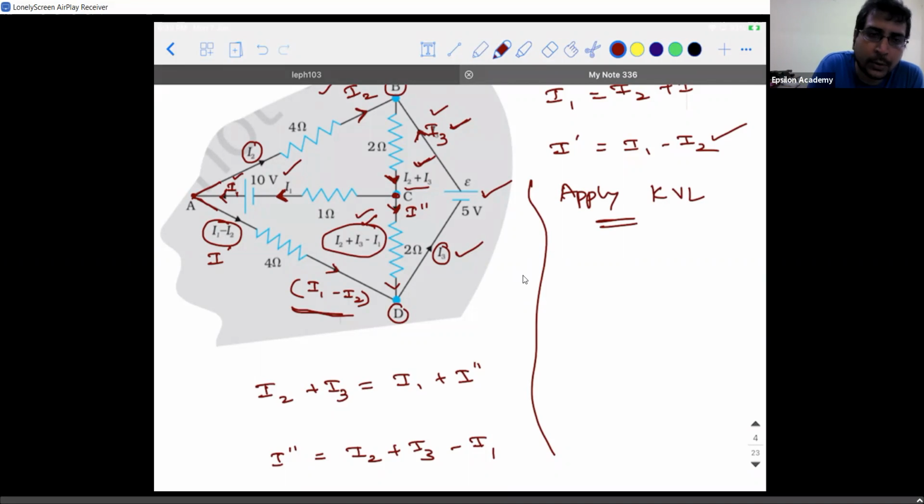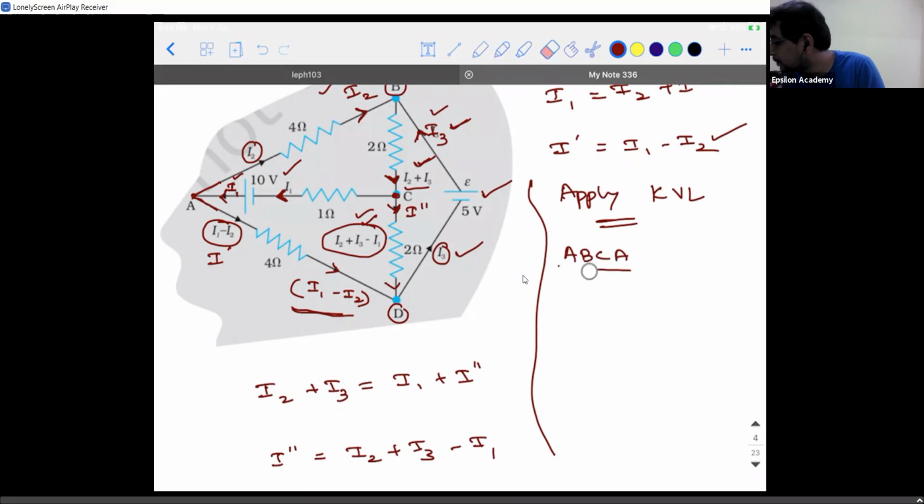So for us to apply KVL, we need to choose certain loops. So what are the loops that we are going to choose? Observe. If I take the loop ABCA, when I go from A to B, look at the way I'm going to write, guys.